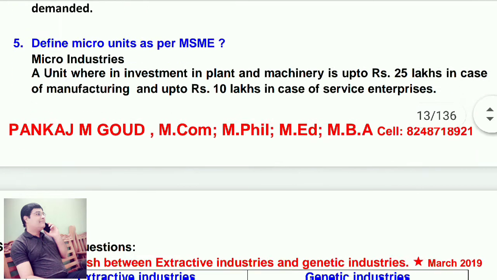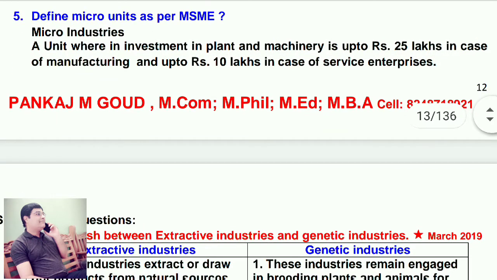Next question. Define micro units as per MSME. Micro industries: a unit wherein investment in plant and machinery is up to rupees 25 lakhs in case of manufacturing and up to rupees 10 lakhs in case of service enterprises.